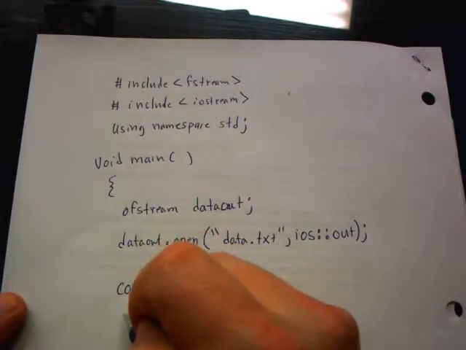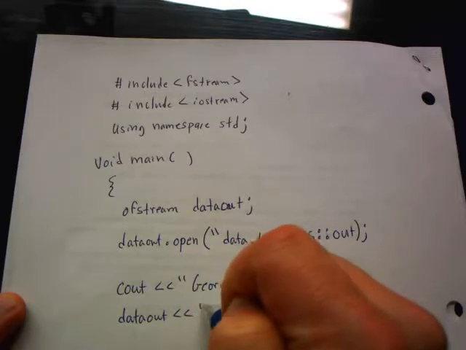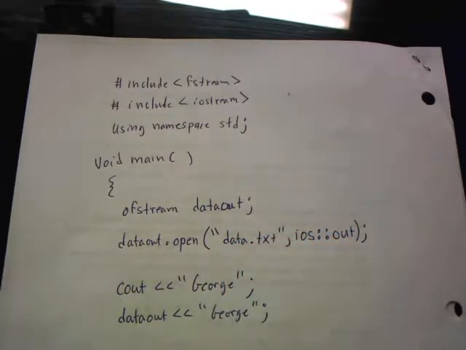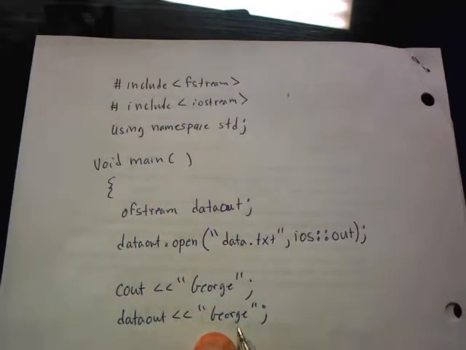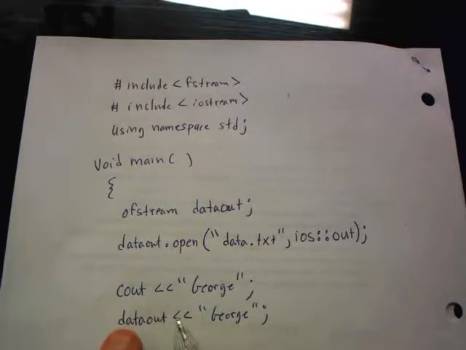I can also go data_out George. What's that going to do? Inside the file called data.txt, it's going to write the word George. So data_out works exactly like cout, except data_out always goes to the file.